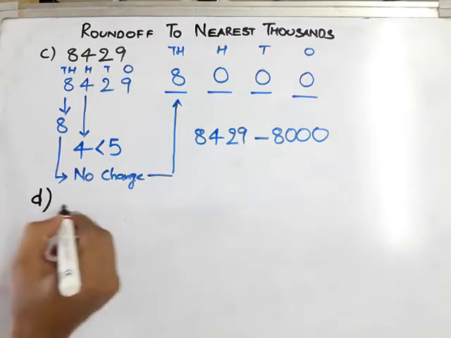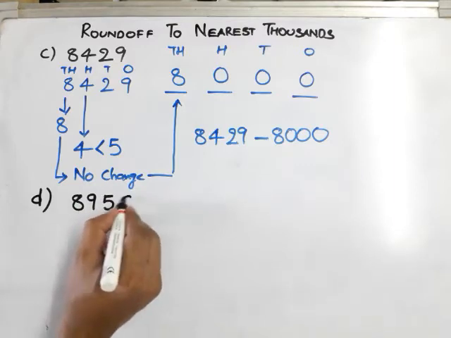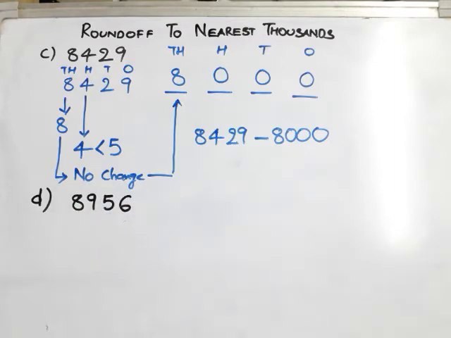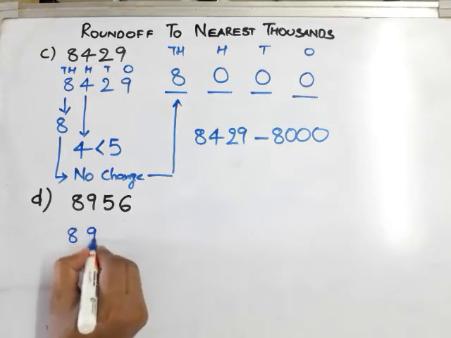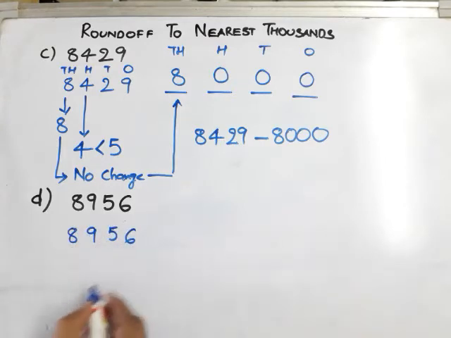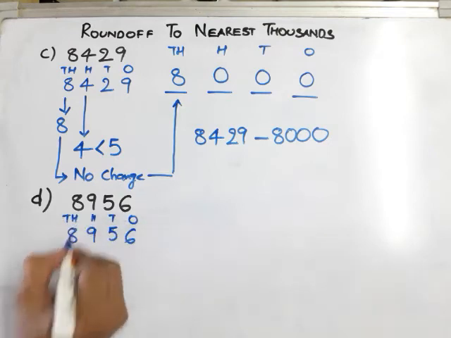Now let us see the next one, D. I hope by this time you are quite habituated to this rounding off process, as we have gone through so many example problems pointing to hundreds and tens. So, 8956. Ones, tens, hundreds, thousands.